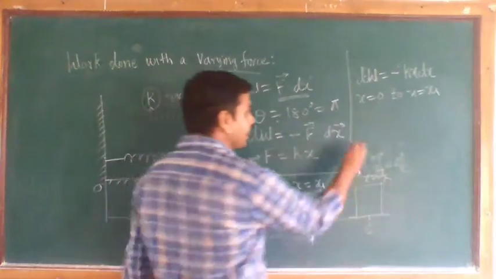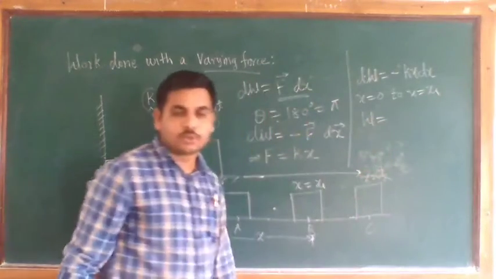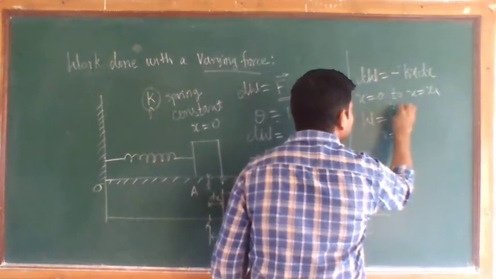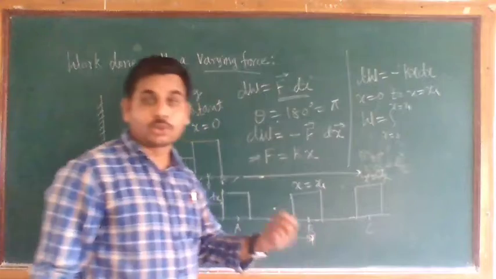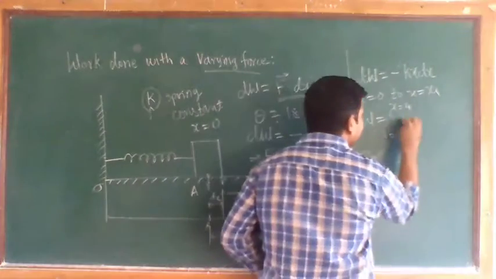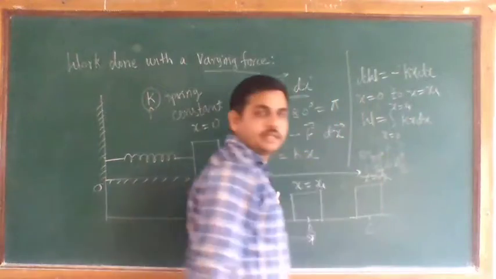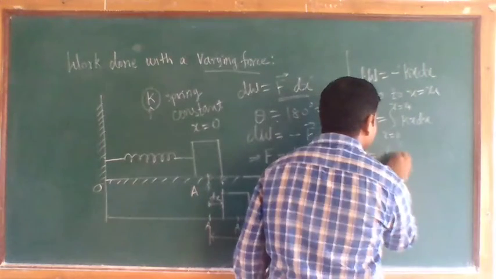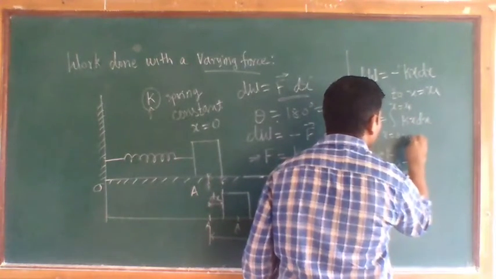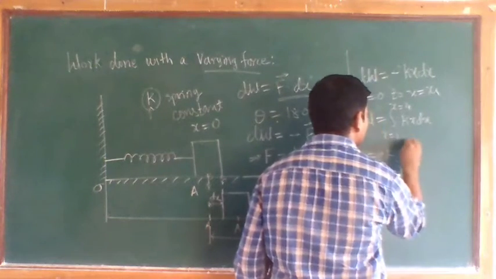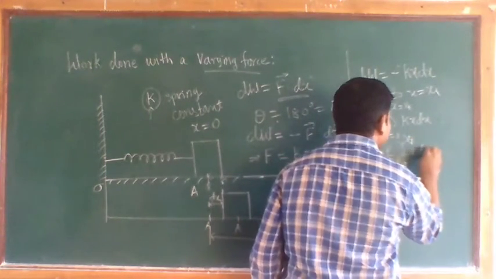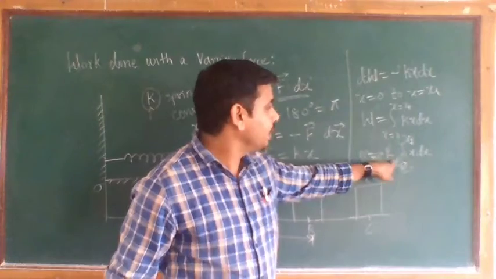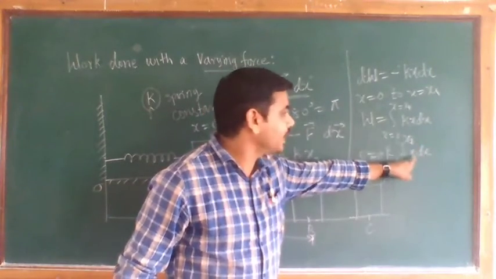We can write W is equal to the integral from x is equal to 0 to x is equal to x1 of kx dx. This k is constant, we can take it outside. W is equal to k times the integral from 0 to x1 of x dx.